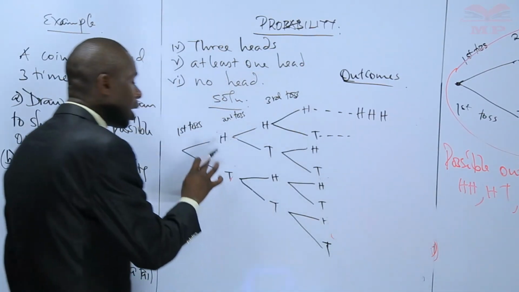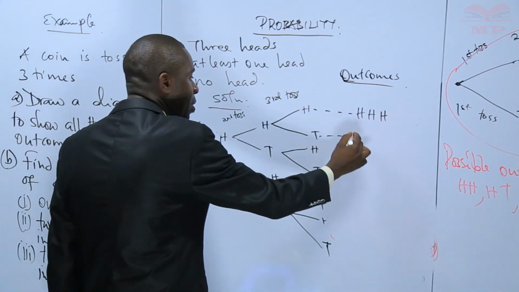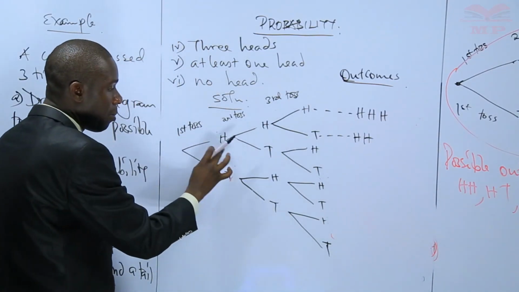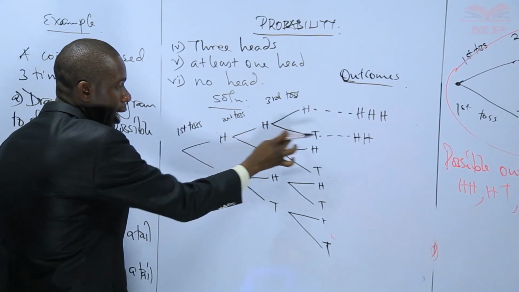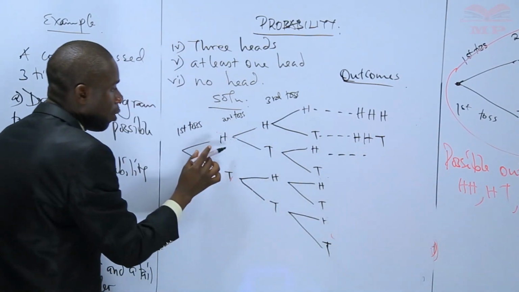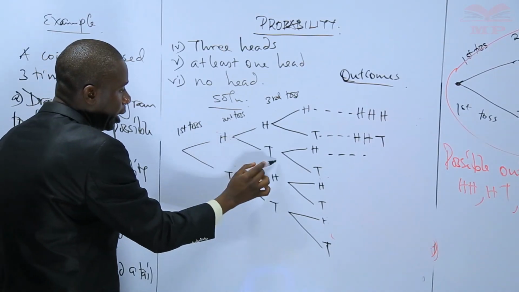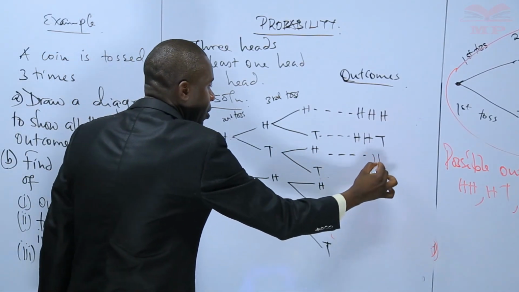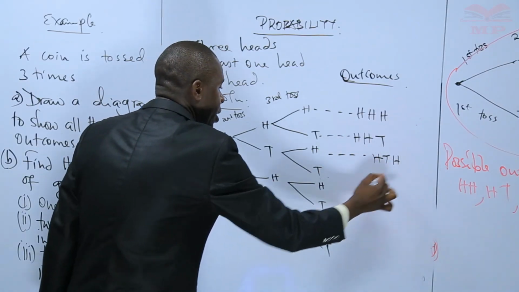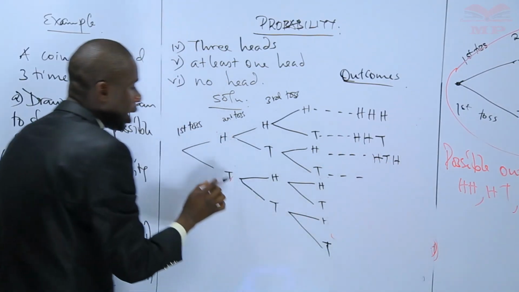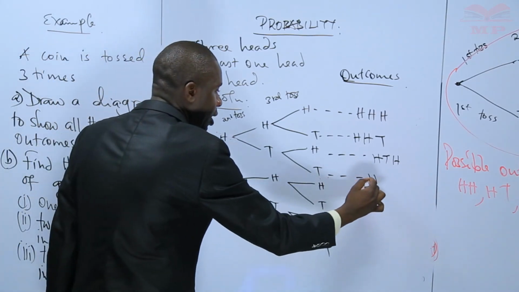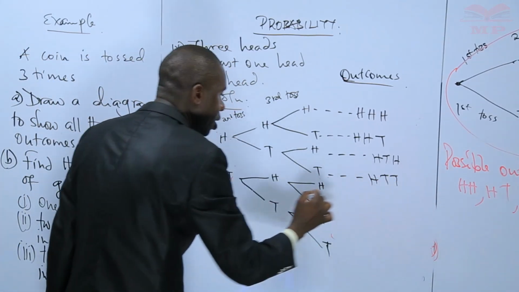Or another outcome can be the first throw being a head, the second toss being a head, and the third one being a tail. Or we can have head, tail, head. Or we can have head, tail, tail.